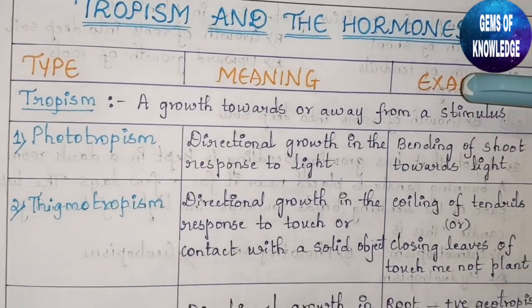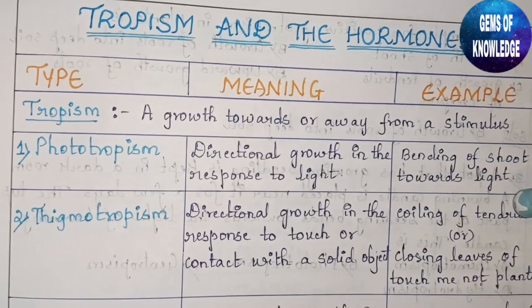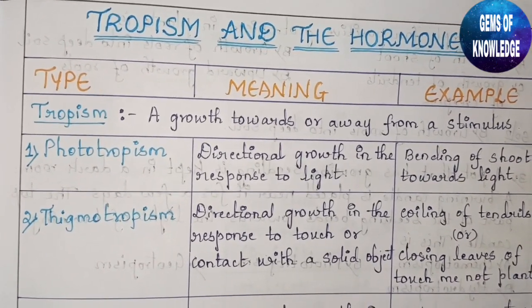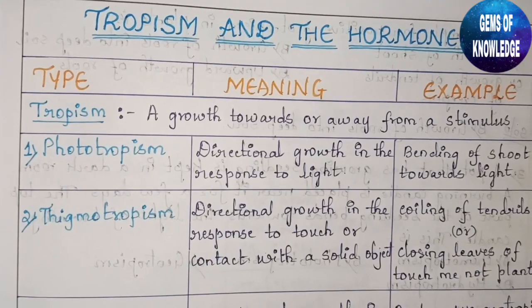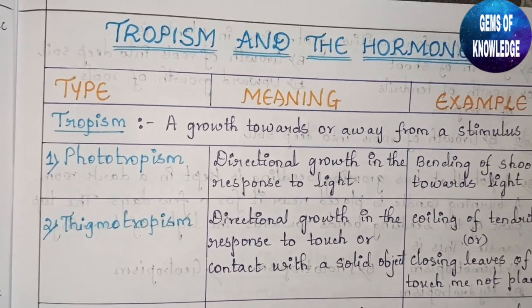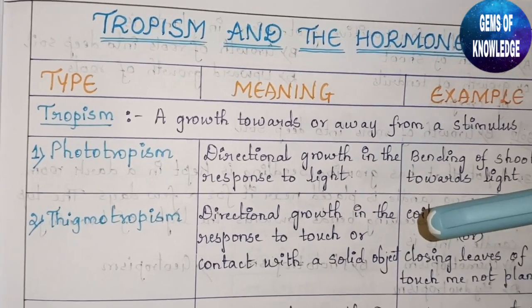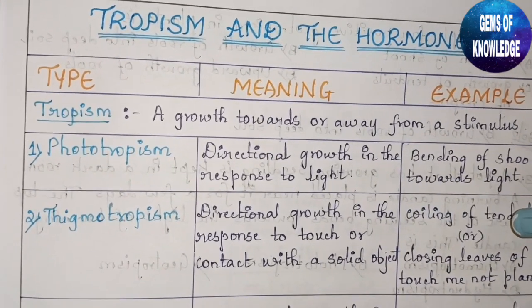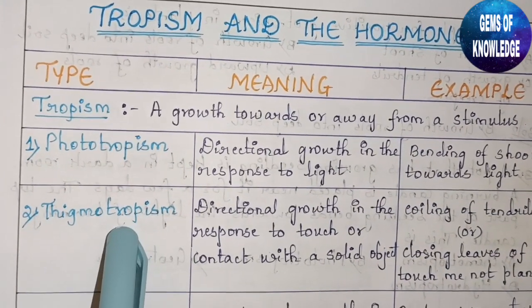Example: coiling of tendrils. You may have noticed tendrils coil around the stem or branch of another plant, or around a stick you place so that it can stand firmly. That coiling of tendrils is due to thigmotropism.